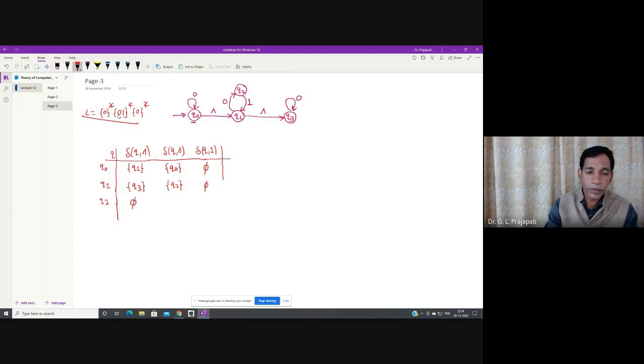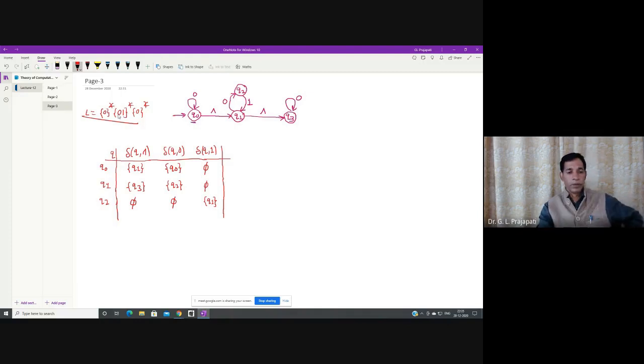Whenever you are at Q2 and your input is 0, you are going to the empty state. Whenever you are at Q2 and the input is 1, you are going to the state Q1. This is the way.